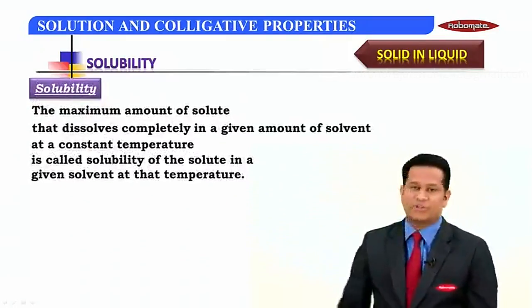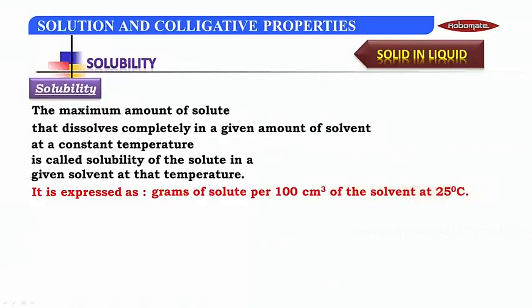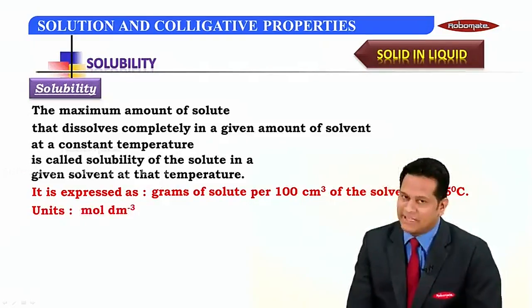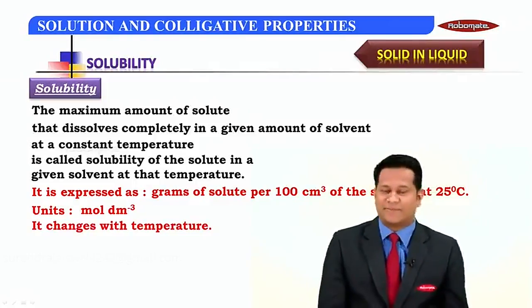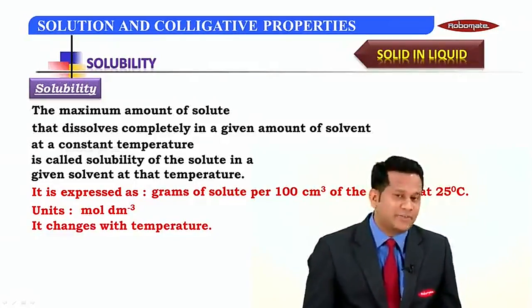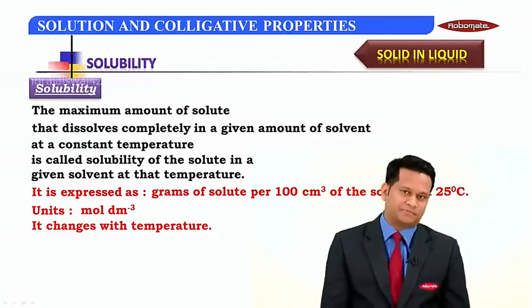Now, it is expressed as the grams of solute per 100 centimeter cube of the solvent at 25 degrees Celsius or at a very specific temperature, and its units are mole dm cube inverse or mole per dm cube. And the most important factor is that solubility is affected by temperature, rather it changes with temperature.